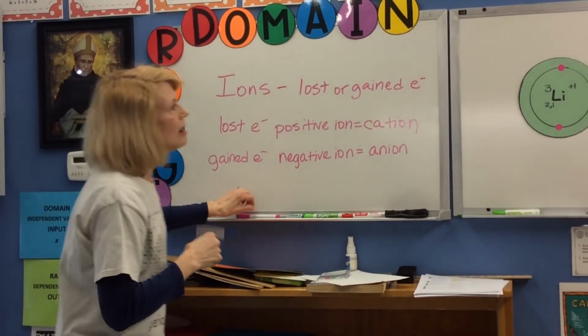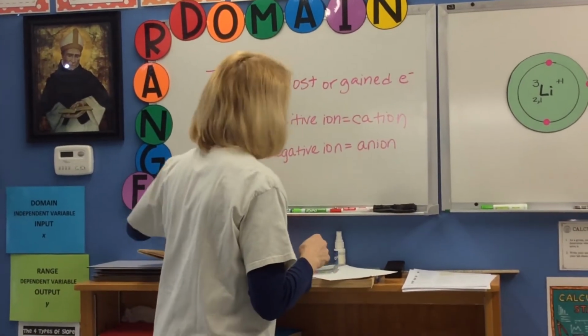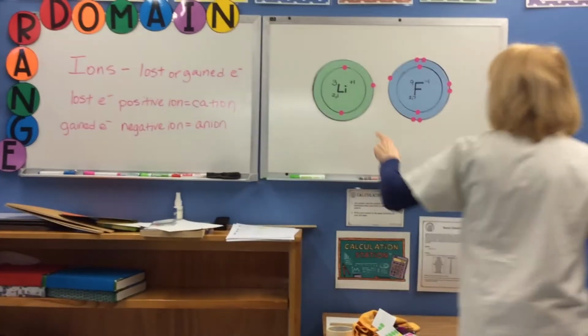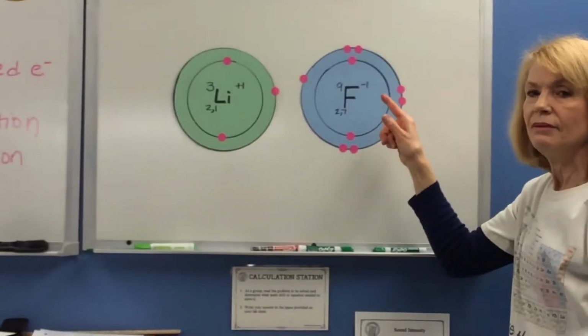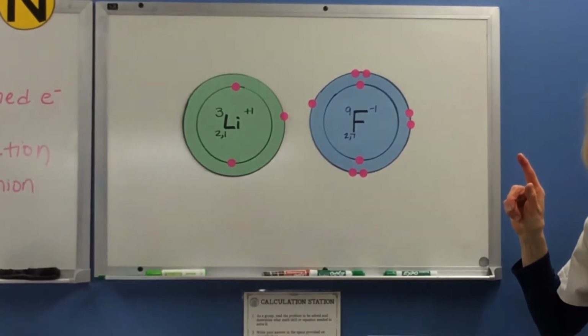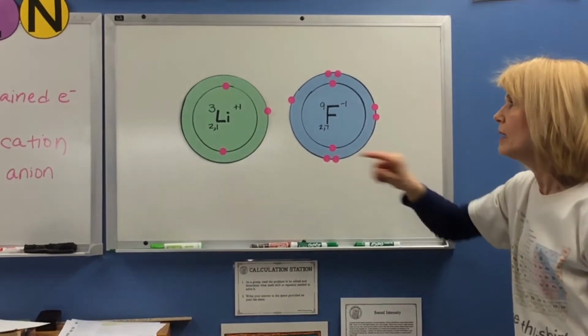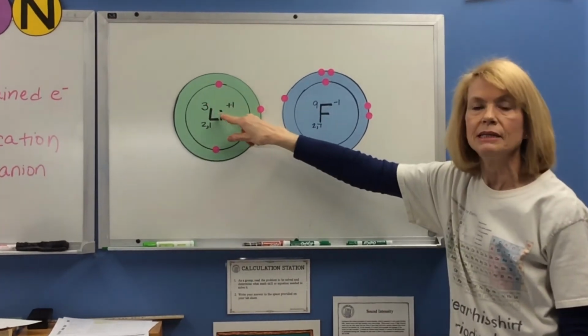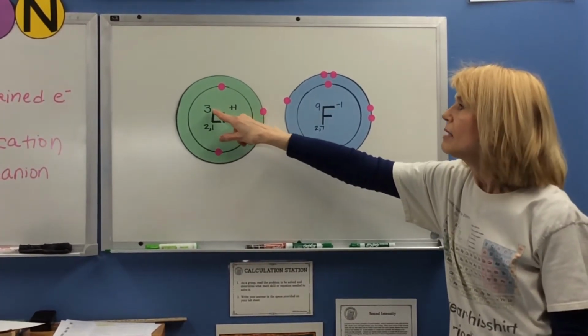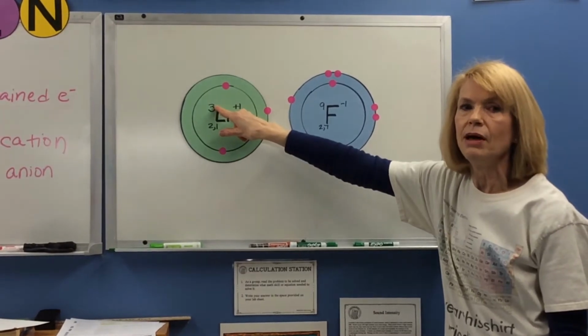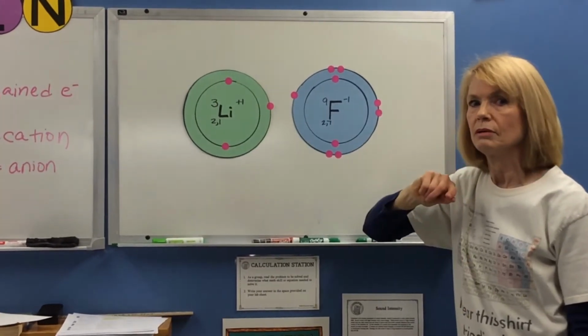So over here, I have two atoms, a lithium atom and a fluorine atom. Okay, lithium and fluorine. And I've got their atomic number, the way it is on your periodic table, in the upper left-hand corner.